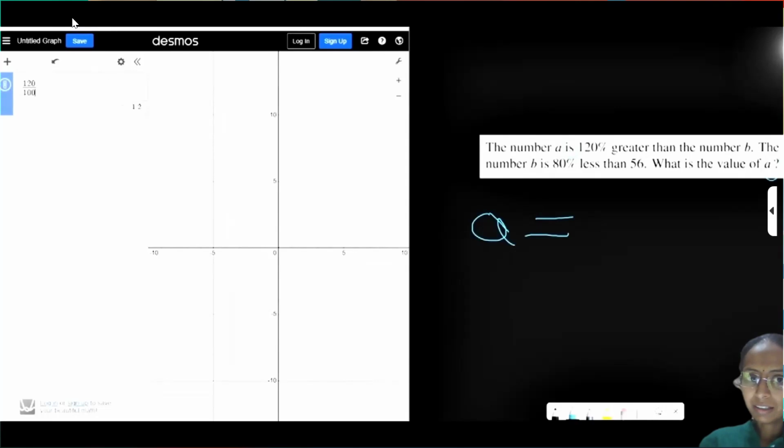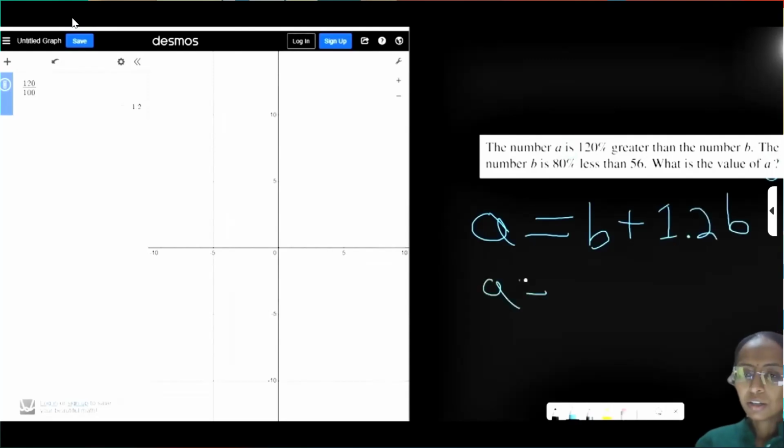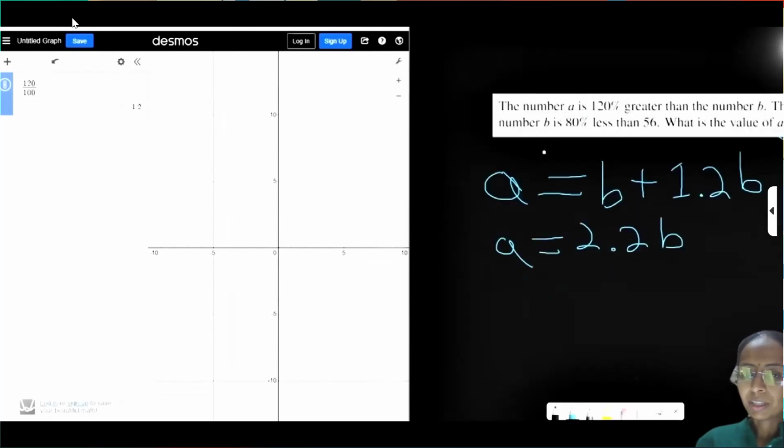So my A is 1.2 times greater than B. So this is equal to B plus 1.2 into B, which gives us the value of A as 2.2 times B.